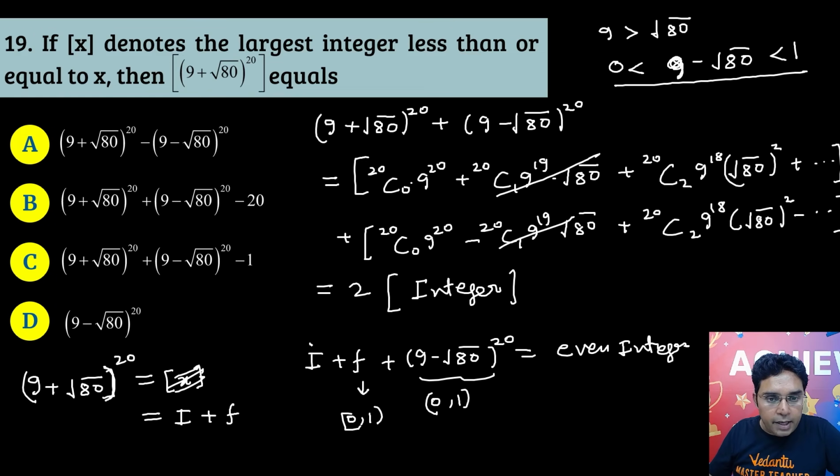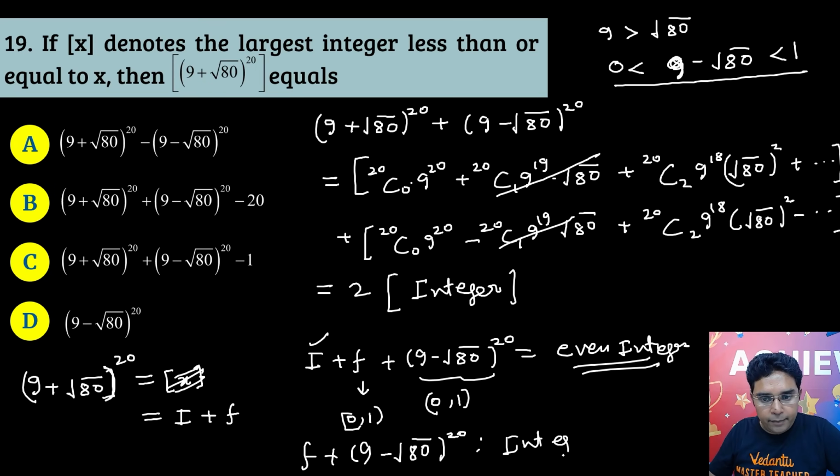Now because I is integer and right side is also integer, so sum of f plus 9 minus root 80 raised to the power 20 must be integer only. Then only you can expect I plus some integer equal to even integer. Now because both of them are between 0 to 1, the sum can be just 1 only.